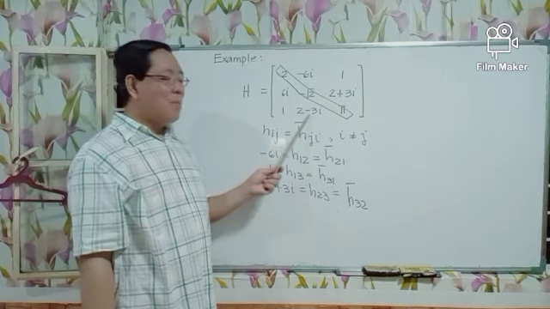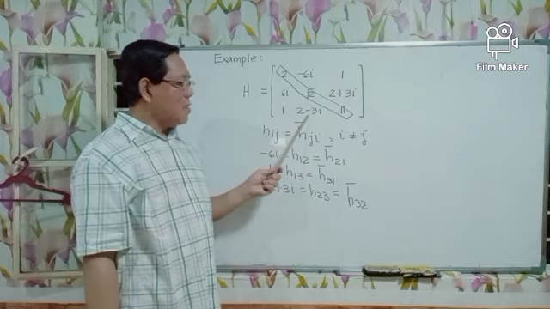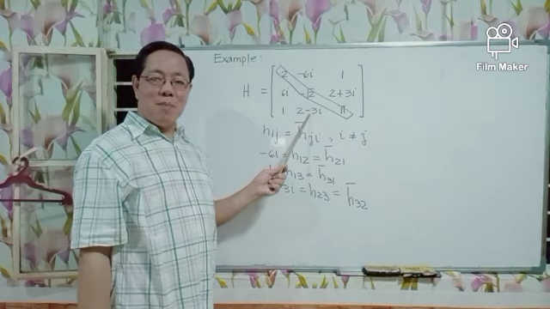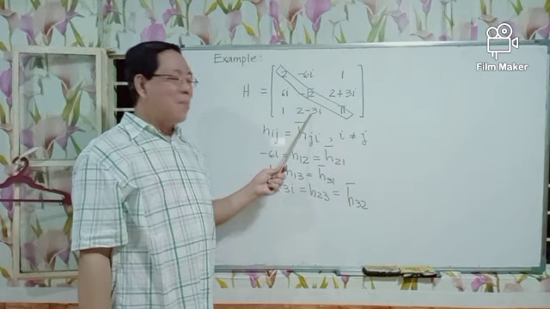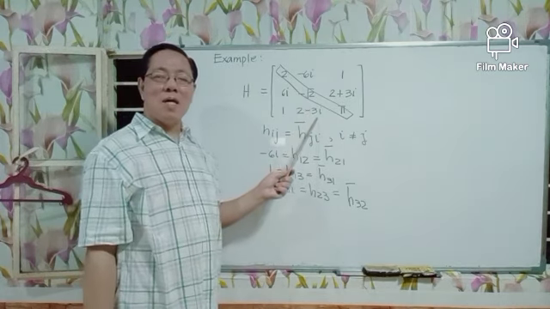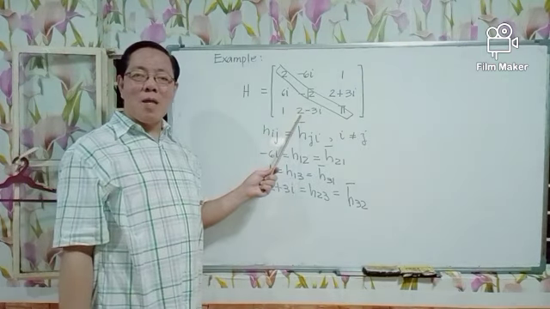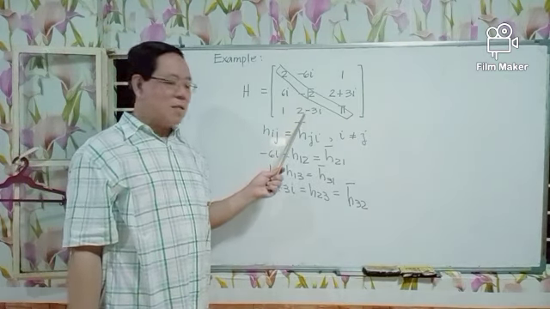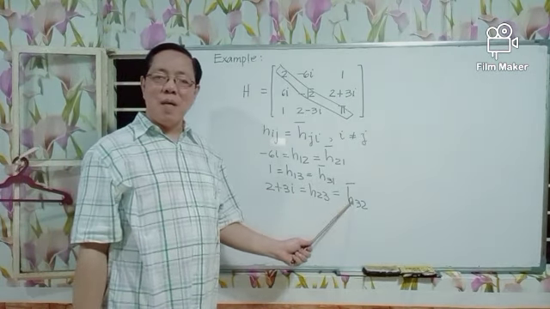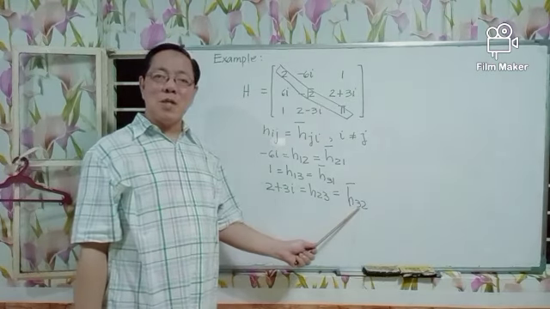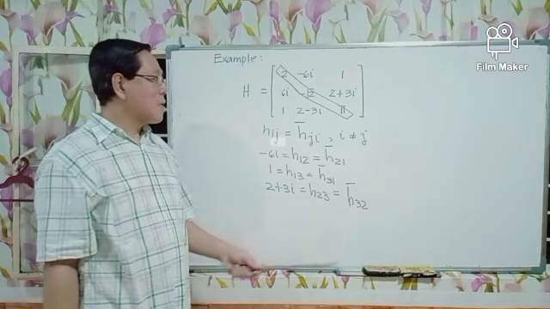In this complex number 2 minus 3i, 2 is the real part and minus 3i is the imaginary part, and the opposite sign of the imaginary part minus 3i is plus 3i. Therefore, the conjugate of 2 minus 3i is 2 plus 3i. Thus, the conjugate of the entry H sub 32 is equal to the entry H sub 23.